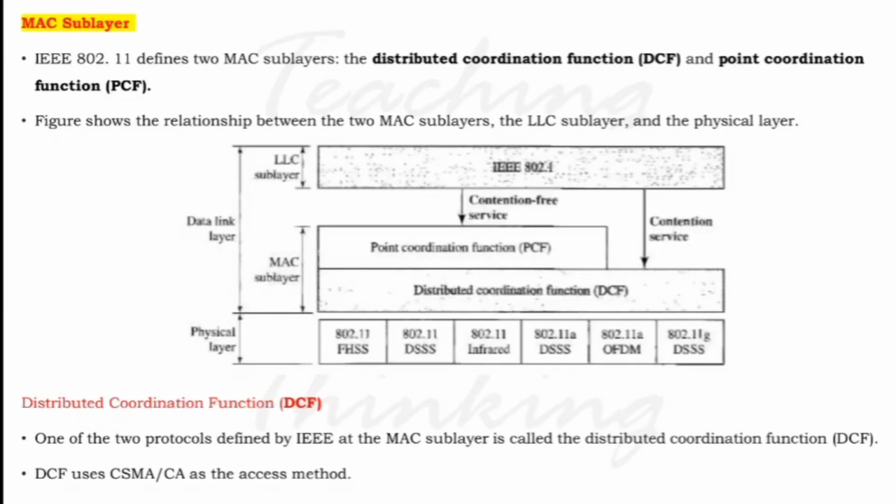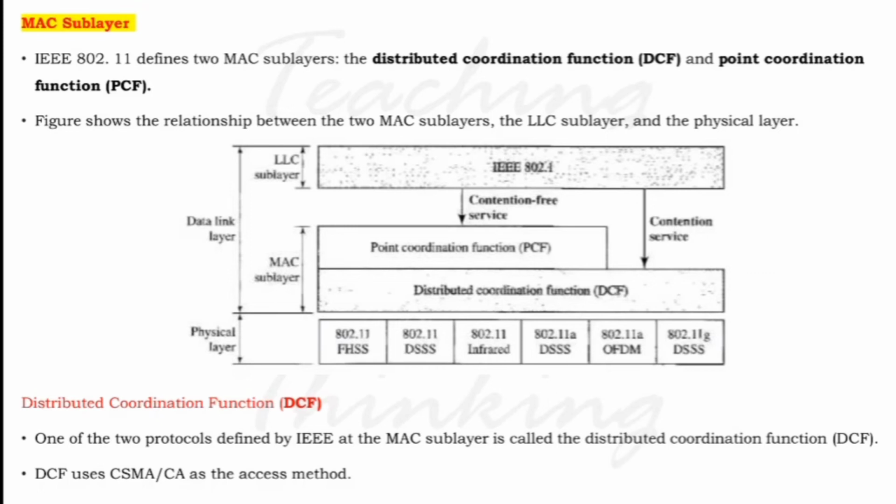Next we are going to discuss the MAC sublayer of IEEE 802.11. Basically it defines two MAC sublayers, the distributed coordination function DCF and the point coordination function PCF. The figure shows the relationship between the two MAC sublayers, the LLC sublayer and the physical layer.